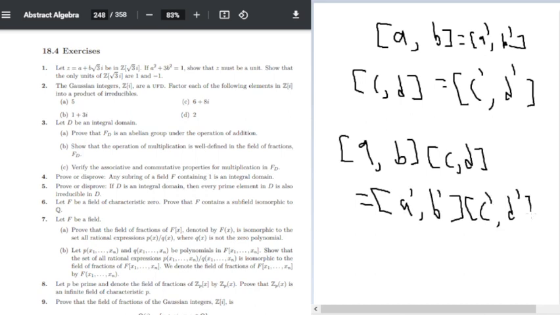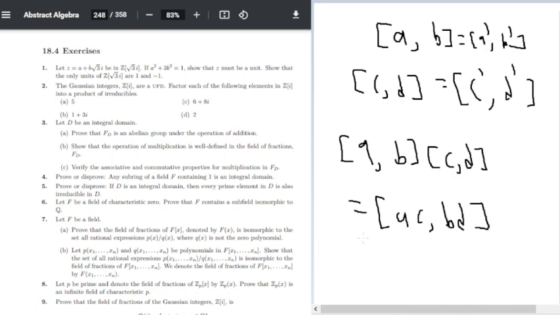So let's compute this. We get a/b times c/d is equal to ac over bd. And we want to show that this is equal to a'c' over b'd'.